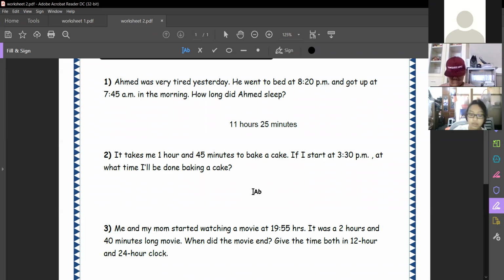If you start at 3:30 p.m., what time will you finish baking the cake? 3 hours 30 minutes. Am I right? Yes. Wait, okay, count first.